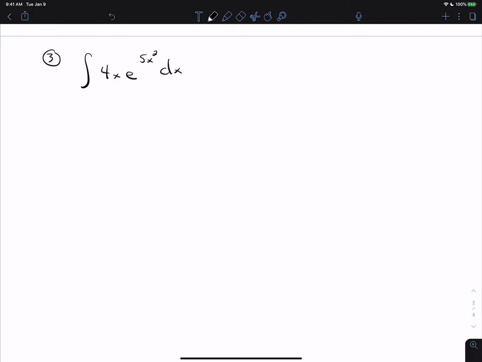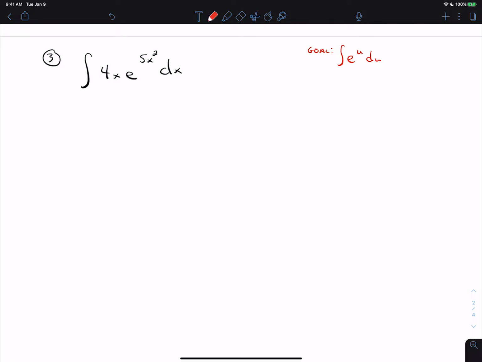So again, we're looking at the process of this. We'll talk about rationale and how to pick out what to do in a later video. But here what we're going to do is try to match the form e to the u du.